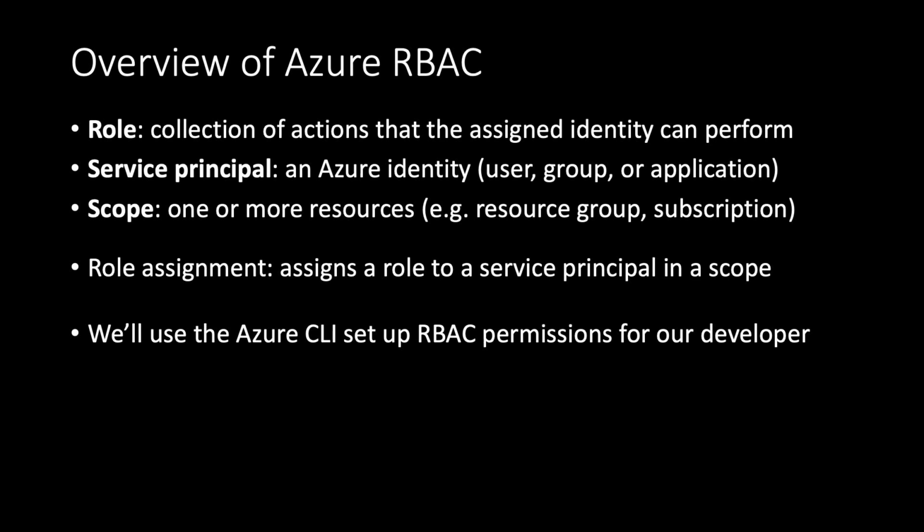These three components are combined to create a role assignment, which assigns a role to a service principal in a scope. We're going to use the Azure CLI to create a role assignment for our CLI user that will allow it to send and receive messages on our Azure Service Bus message queue.